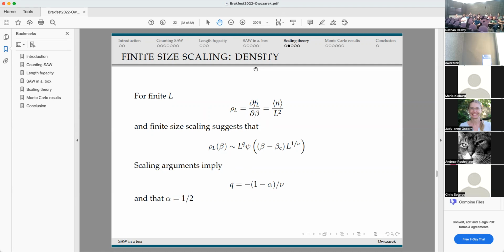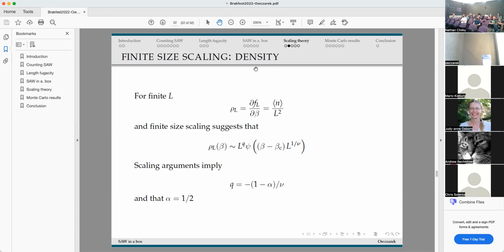And I said to you that for a self-avoiding walk, the size of the walk has a simple pole in the generating function. That combination of n and beta minus beta c is what you've got there, and that's the argument inside the scaling function. So you have this conjectured ansatz format.